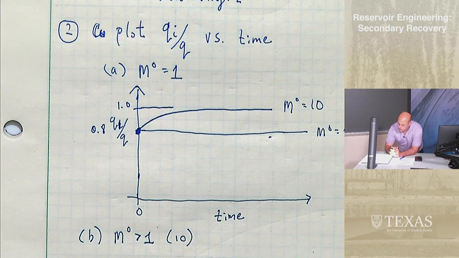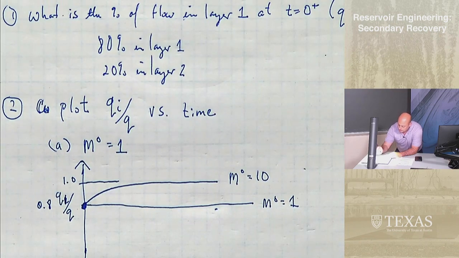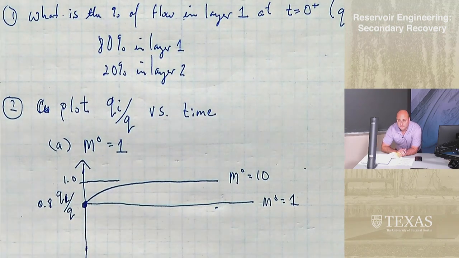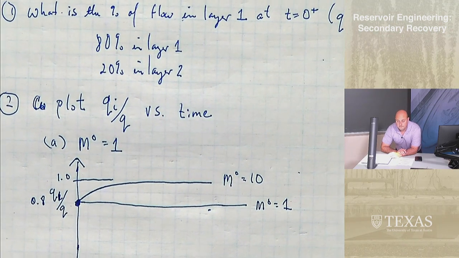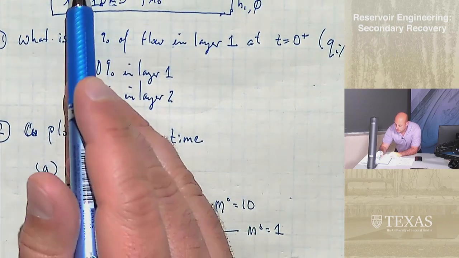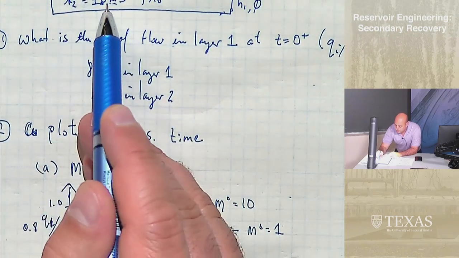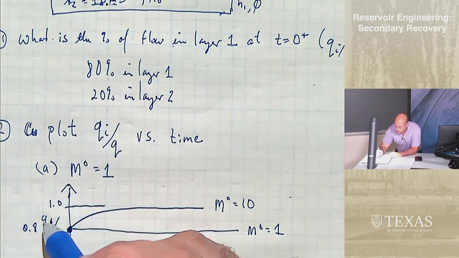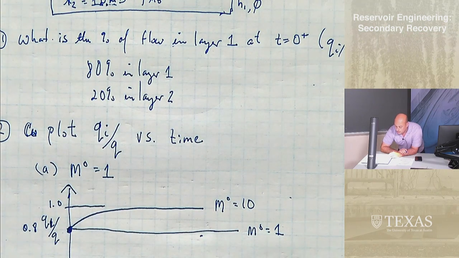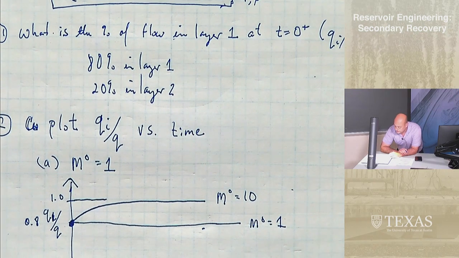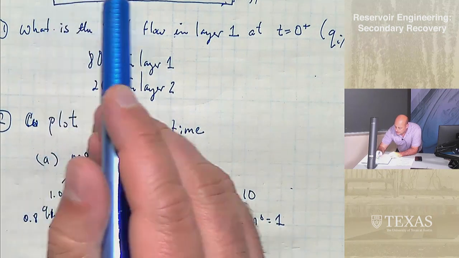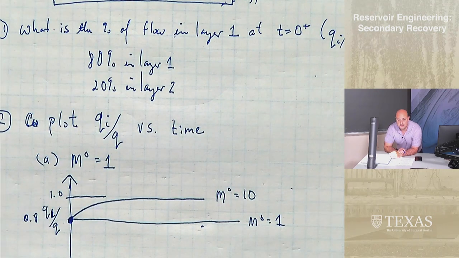So initially, it's still going to be 80%. It still sees this first permeable layer and this less permeable layer, layer number 2. So layer number 1 is going to have 80% of the flow. But as I start filling it with high viscosity fluid, the resistance is going to increase.